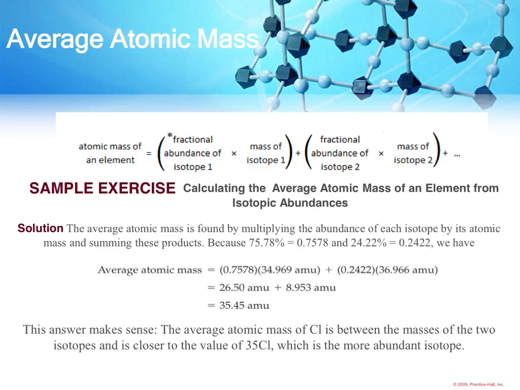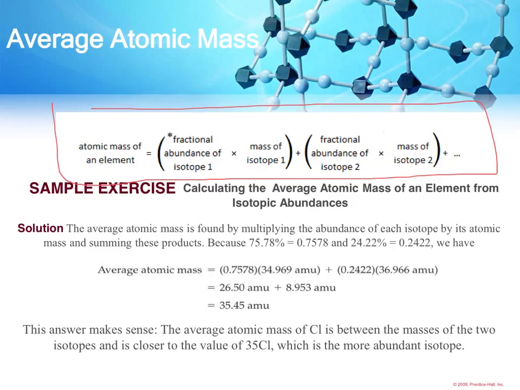Alright, so using the formula for the average atomic mass, let's see how we calculated that for chlorine. I would first like to point out that in a lot of these problems you might see the possibility of using 2 different masses. For example, they showed you symbols for the 2 isotopes of chlorine, chlorine-35 and chlorine-37.